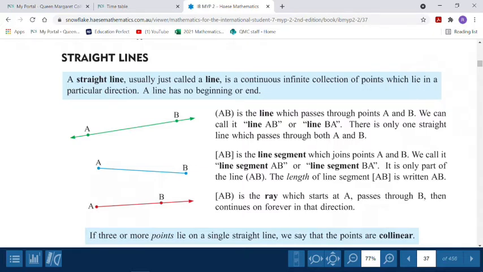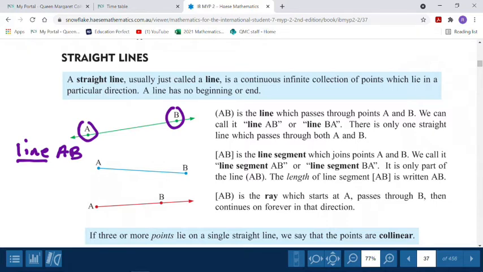We can name a line by labeling some points on it. For example, this one has point A and point B, so we could call this line AB. It means a straight line that passes through the points A and B.